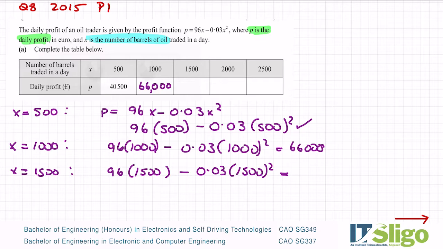I can leave in the 1,000 and just go back and change that to 1,500 in my calculator if I want. And I'm getting 76,500 for that one. Let's change it to 2,000, and you get 72,000 for that one.